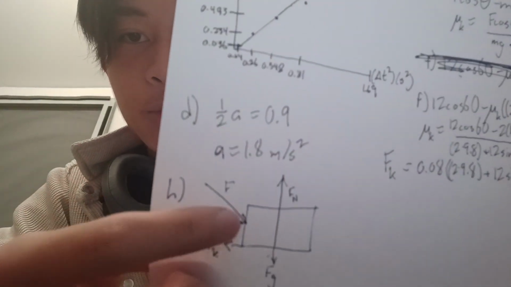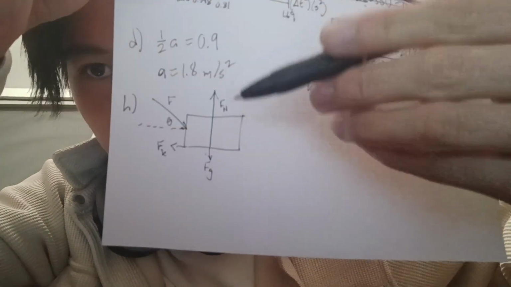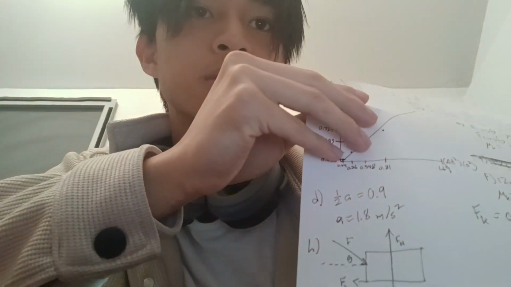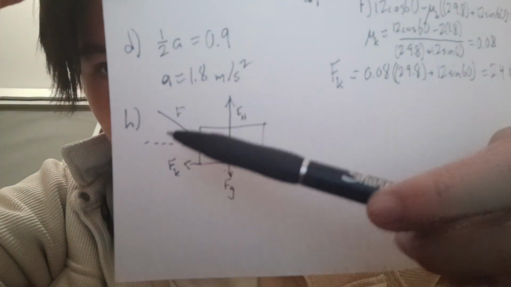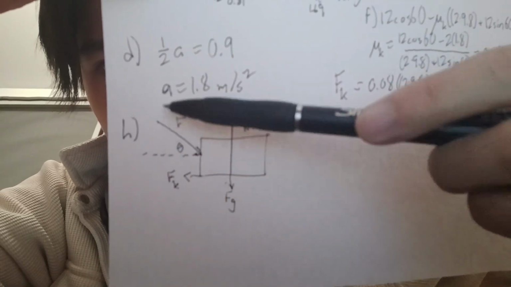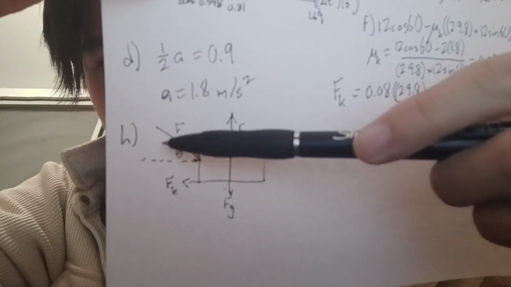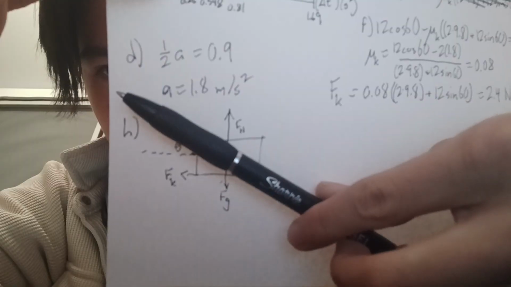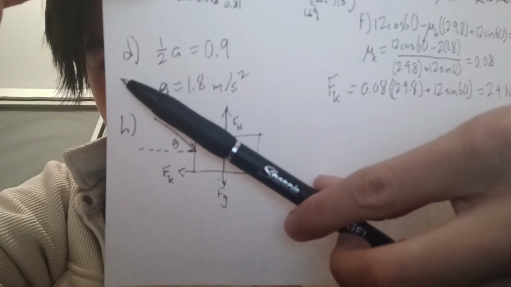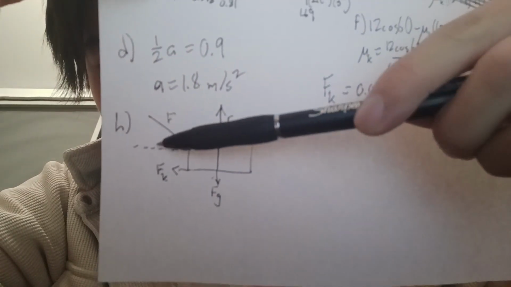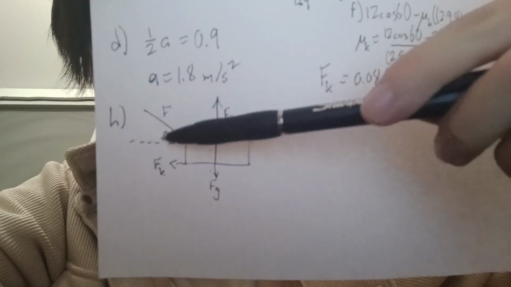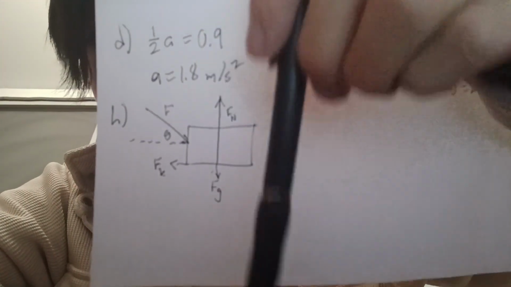If we were to decrease this angle, like it says, then the vertical component of the applied force would decrease, because it would look like that. It would literally go down, right? This part would decrease, and so there's less force acting downward on the block.